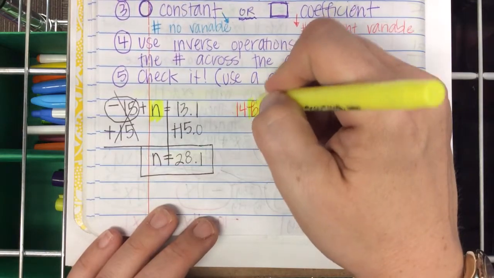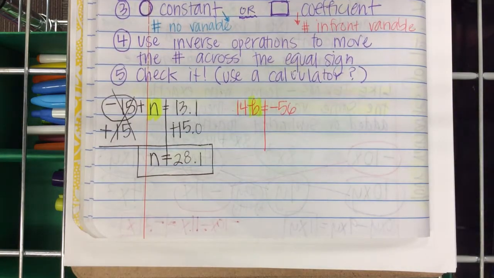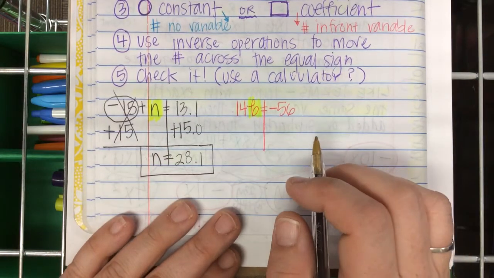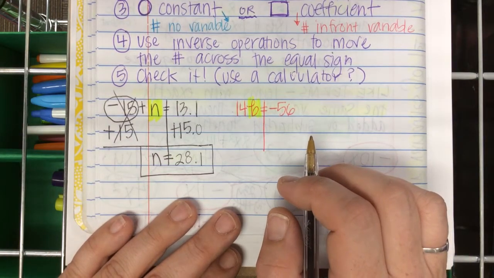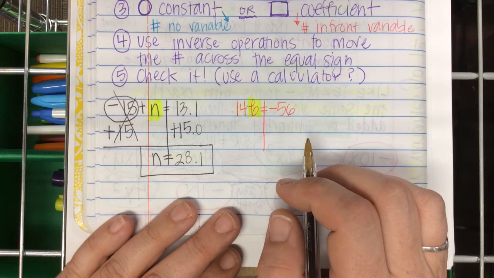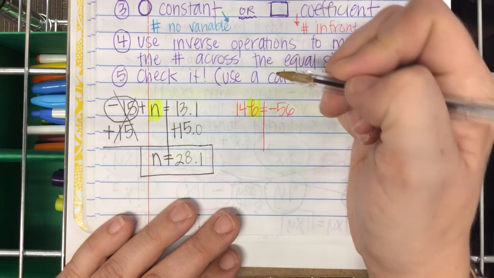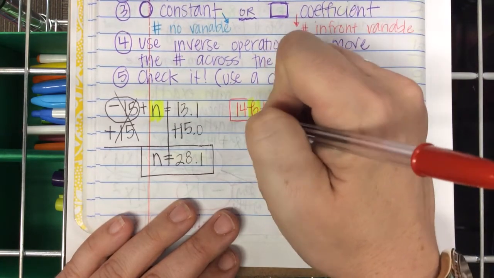Done. The whole time, instead of drawing D's, I've been drawing B's, so I have to keep correcting it. So, step 3. Am I going to circle or am I going to draw a square? Because this is a coefficient, correct?